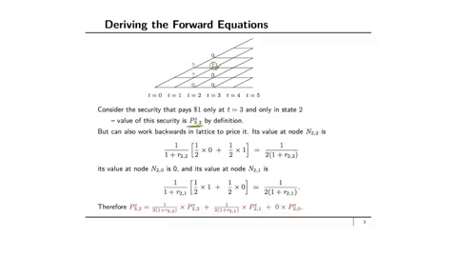So if we work backwards, we can come back to this node. This is node (2,2) up here. Well, the value at node (2,2) is going to be 1 over 1 plus R_22 times the expected value of the security one period ahead. Well, one period ahead, the value of the security is either 0 or it's 1, and so we get this quantity here, which simplifies down to this expression here.